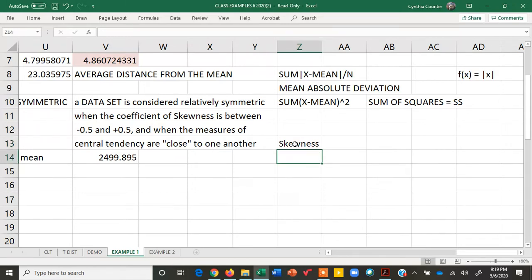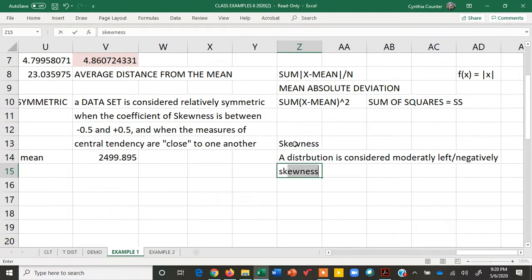We say that a distribution is considered moderately left or negatively skewed when the coefficient of skewness is between -1 and -0.5.